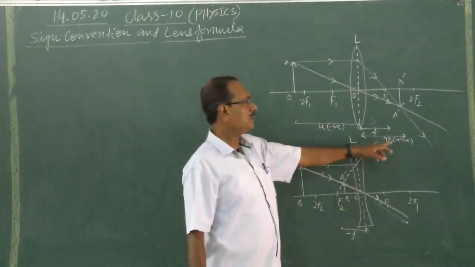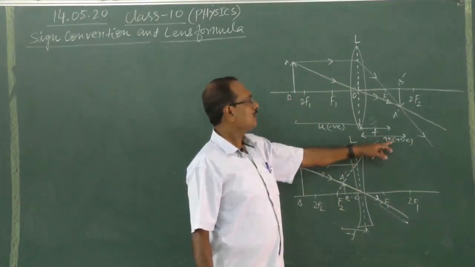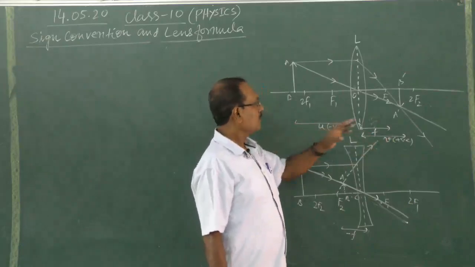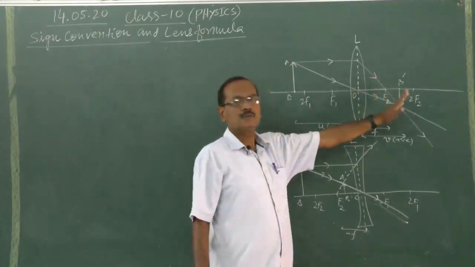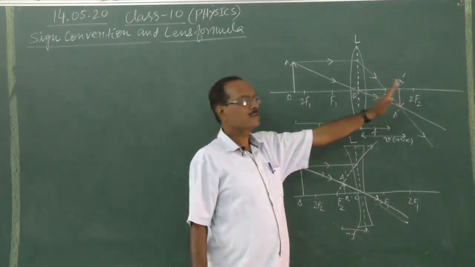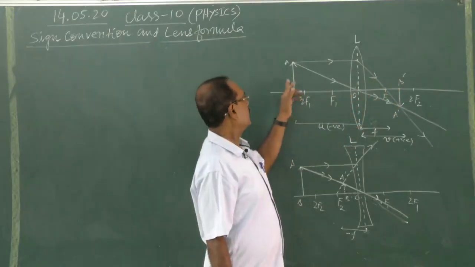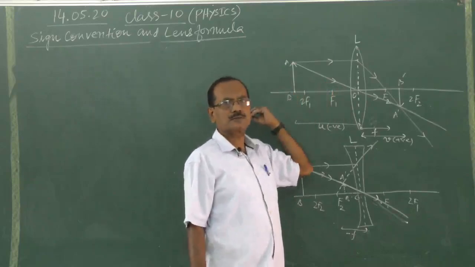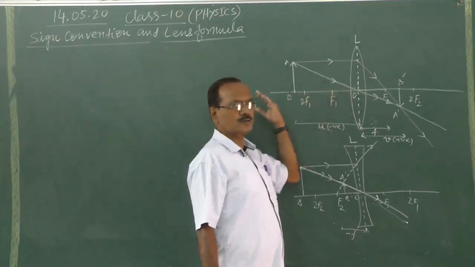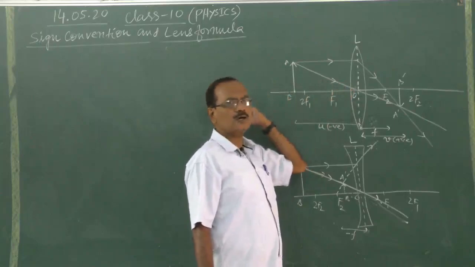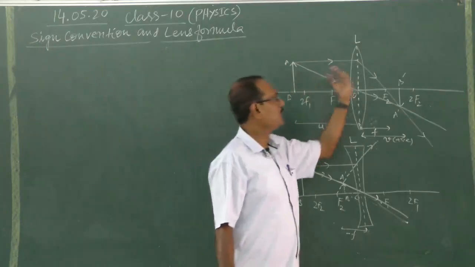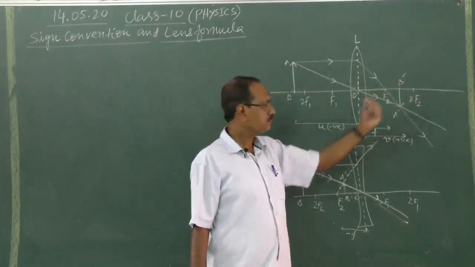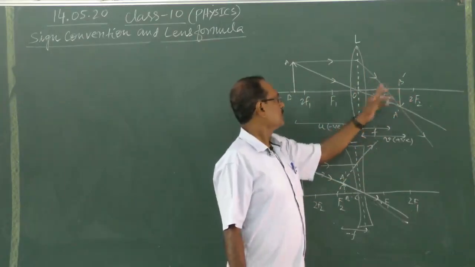Keep in mind, positive is for when the image is forming behind the lens, and the object is always taken in front of the lens. In front of the lens, all distances are negative; behind the lens, all distances are positive.